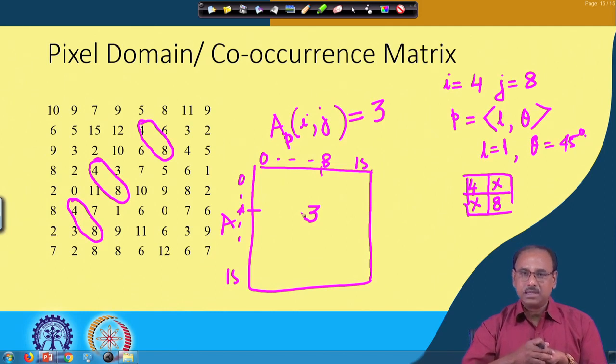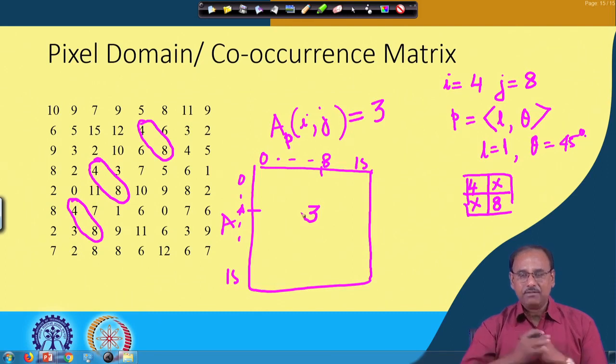Now, if I normalize this co-occurrence matrix, then what I basically get is a joint distribution. That is, the frequency of occurrence of the i jth pair of intensity values, following this positional constant p, occurring in the given image. So, it is the frequency of occurrence, which is nothing but the probability distribution of the pair of intensity values.